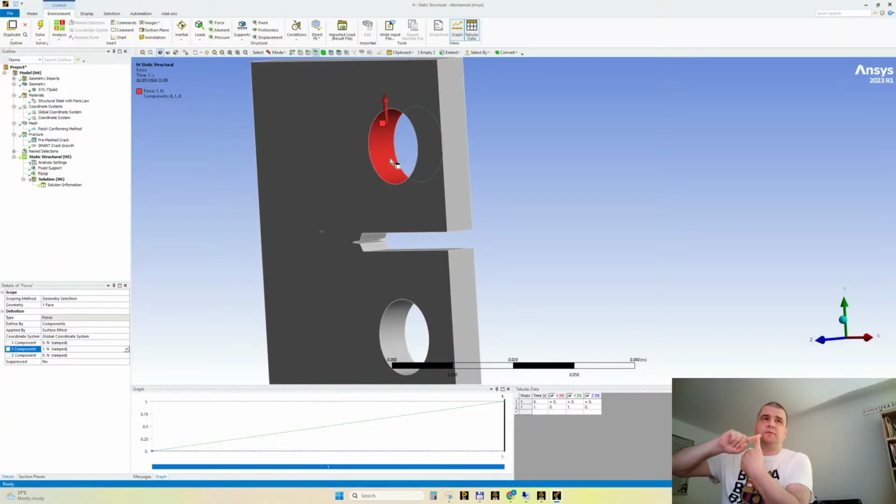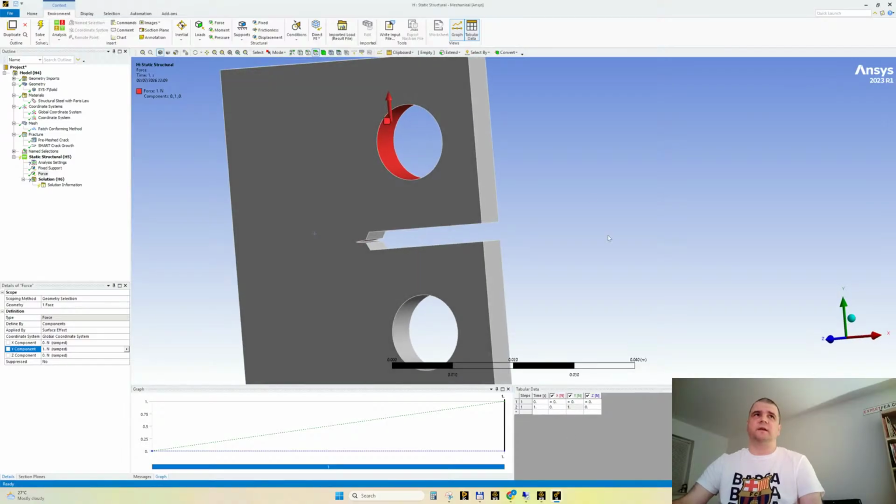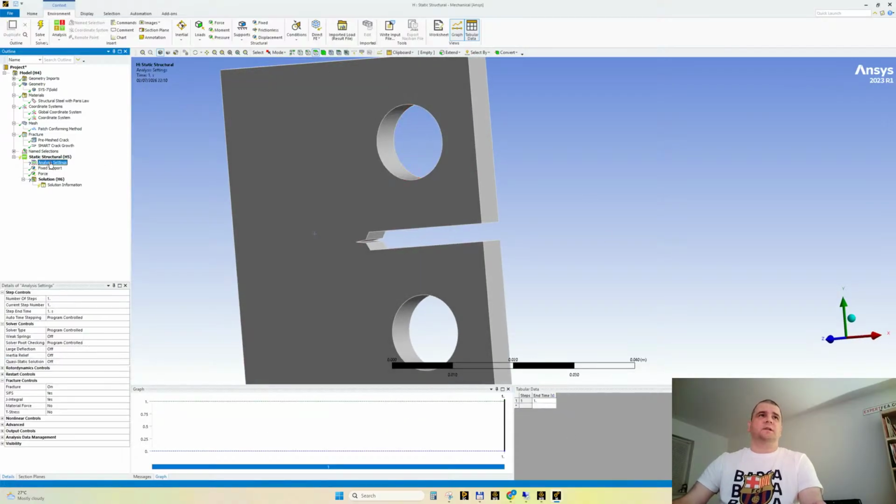Where you need to work is with the mesh, leave the mesh default. Don't go for refinement too soon. And we need to work with this force value, because this magnitude is a make or break for this FEA.